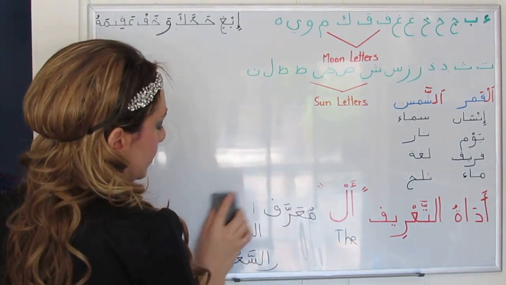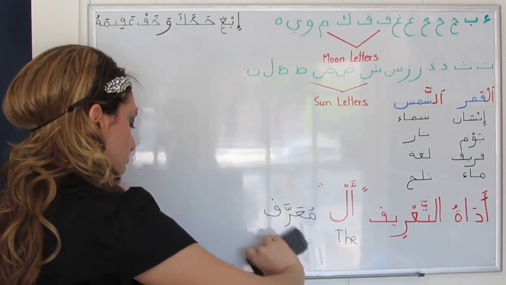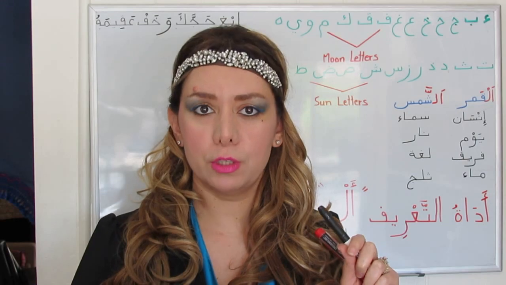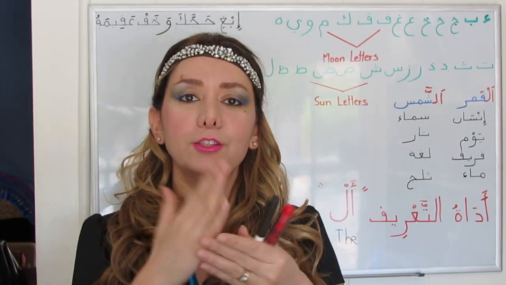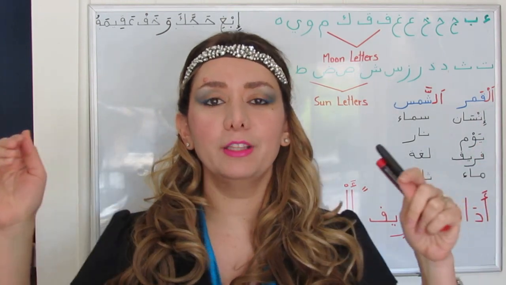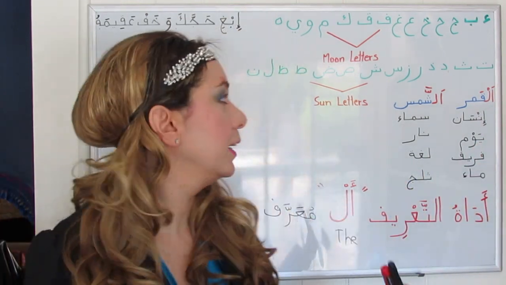So the alphabet has 28 consonants, fairly divided into two groups, 14. So the sun is happy and the moon is also happy.